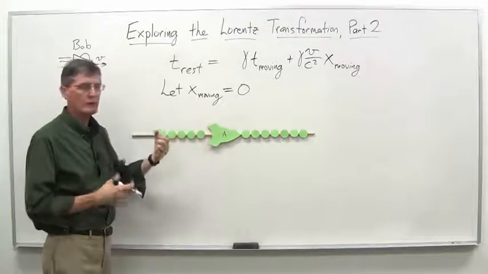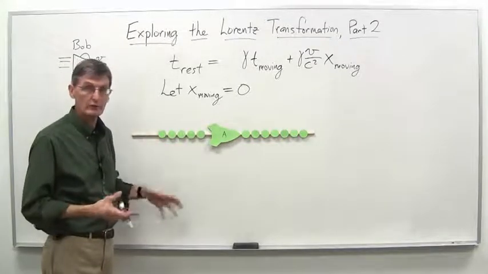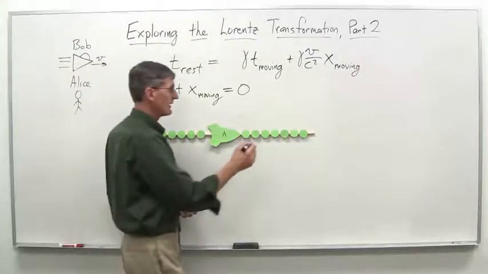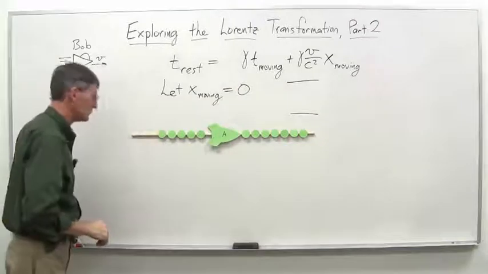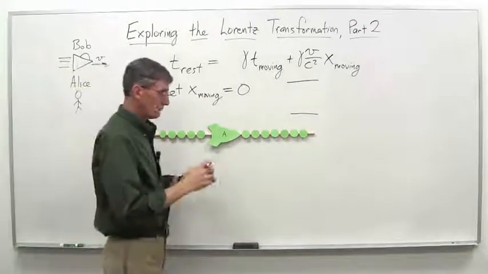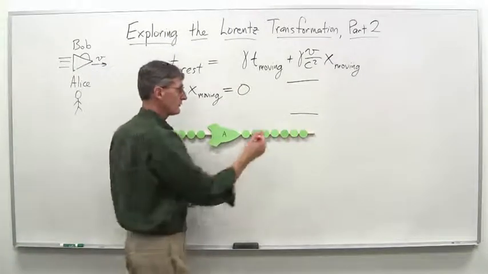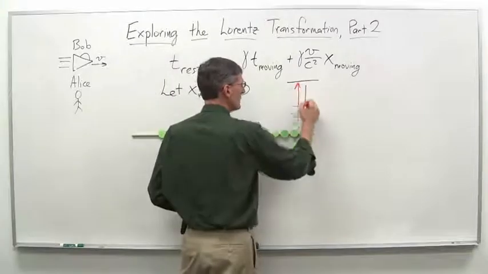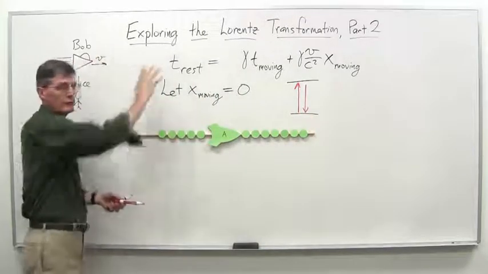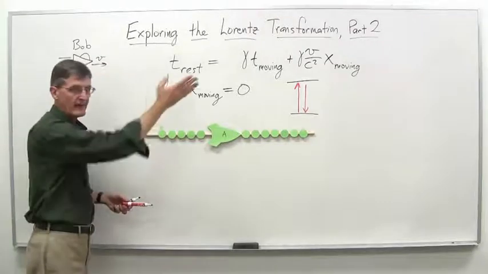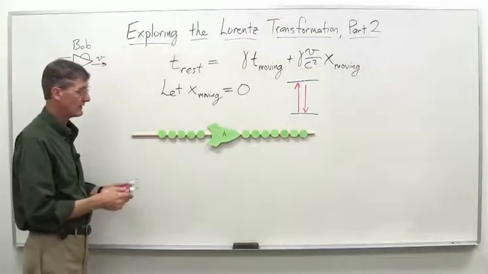Well, remember, when we derived the time dilation equation, we used the light clock. And the light clock in Bob's frame is just a beam of light bouncing up and down like that, which he's carrying along with him. And Alice, of course, sees it at a diagonal, and that's where we get the time dilation effect.